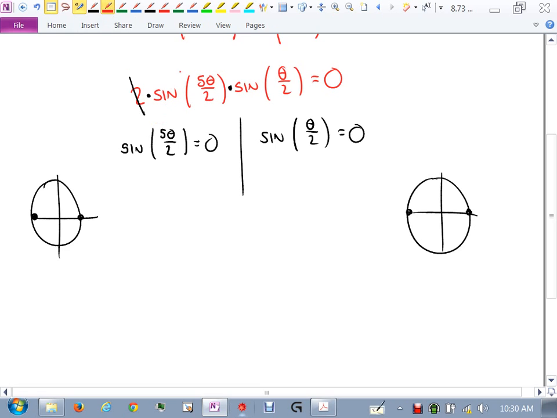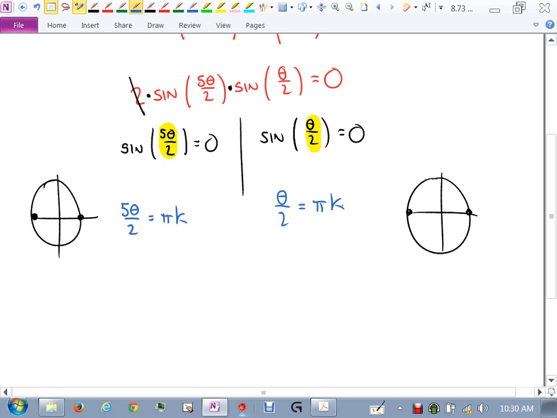So I want my arguments, both of them, 5 theta over 2 to be equal to pi k, and I want theta over 2 to be equal to pi k. Why am I not using 2 pi k? It's just on the other side. So instead of going all the way around, having two different general solutions, I just jump back and forth.